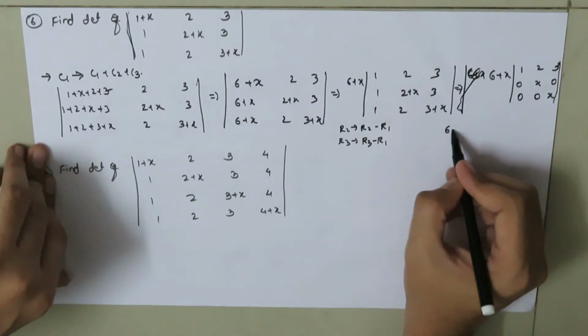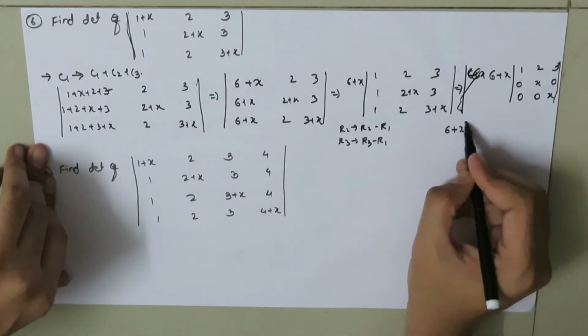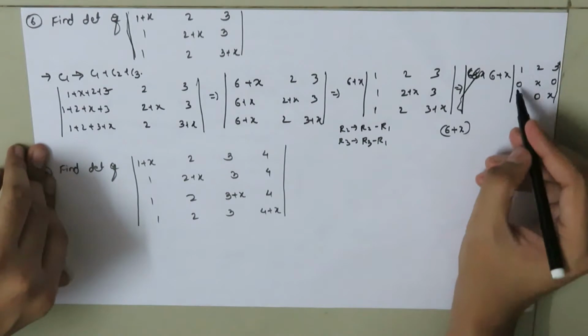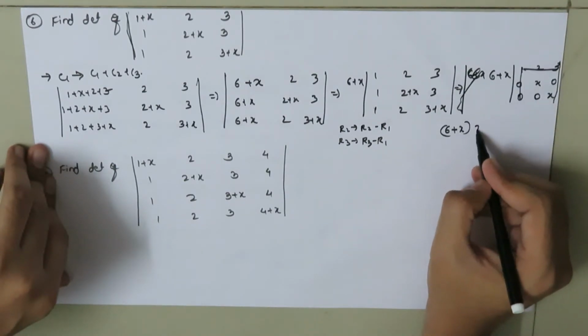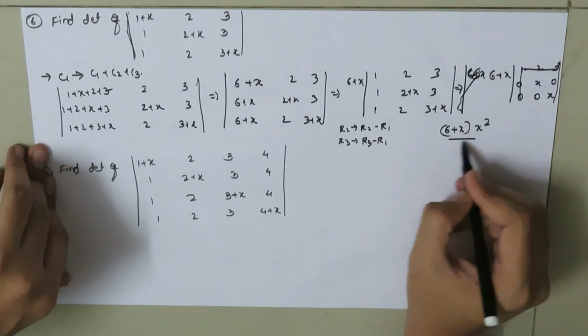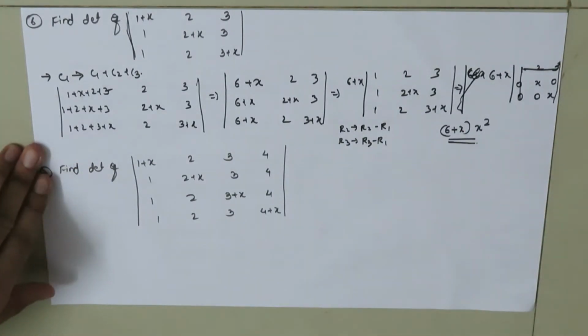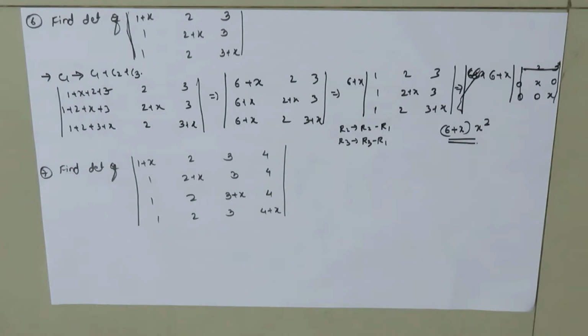Now we can write this as 6 plus x multiplied by 1 and the cofactor of 1. So this will be x squared. So 6 plus x multiplied by x squared is our final answer.